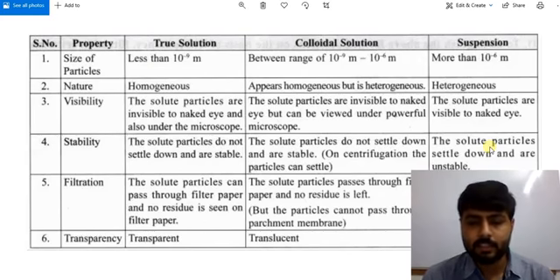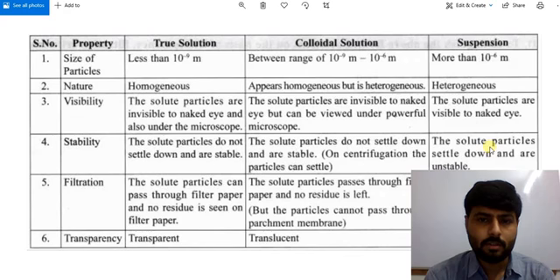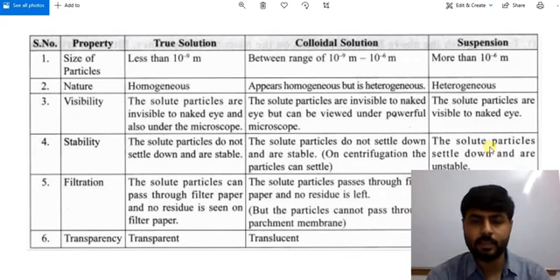Filtration is the next comparison point, which means with the help of filtration, can you separate the particles that are mixed in this mixture. Let's see filtration in solution.